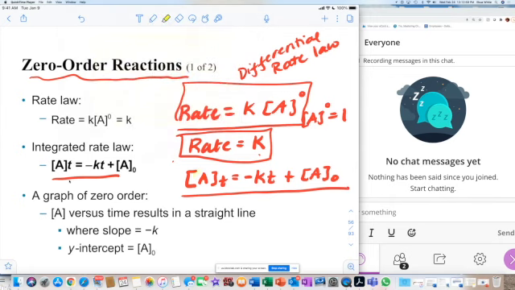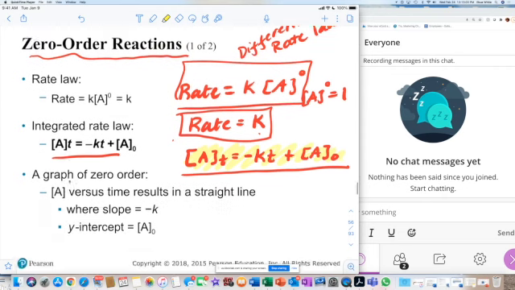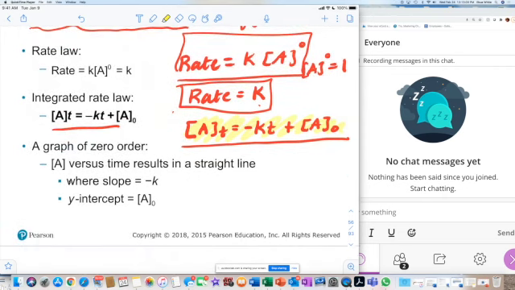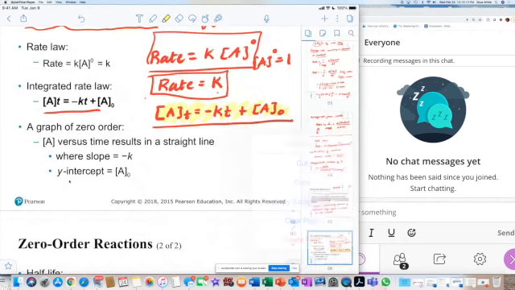This one. So once again, what does this integrated rate law provide us with? It allows us to compare the initial amount of the concentration of A and the final amount. Let me add a page here so I can write things my way.